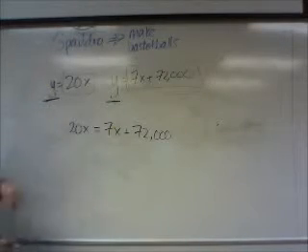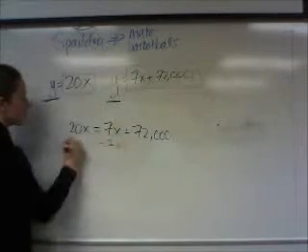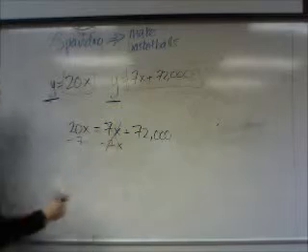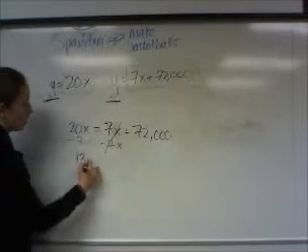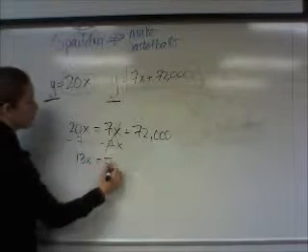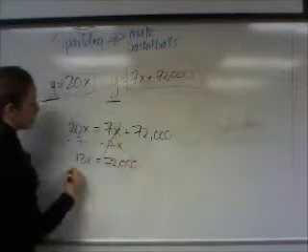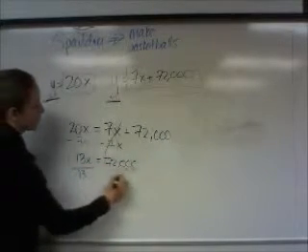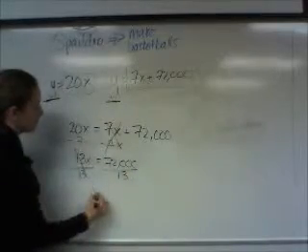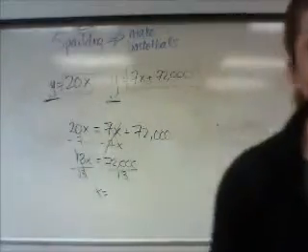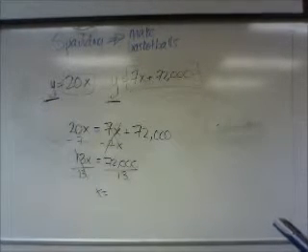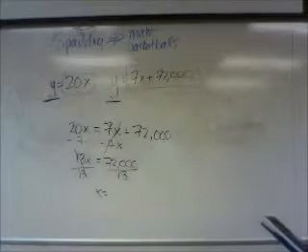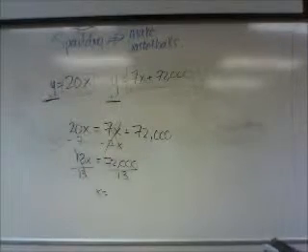Let's solve. Subtract 7x. We get 13x equals 72,000. Divide by 13. Let me see. I can't do that in my head. Okay.